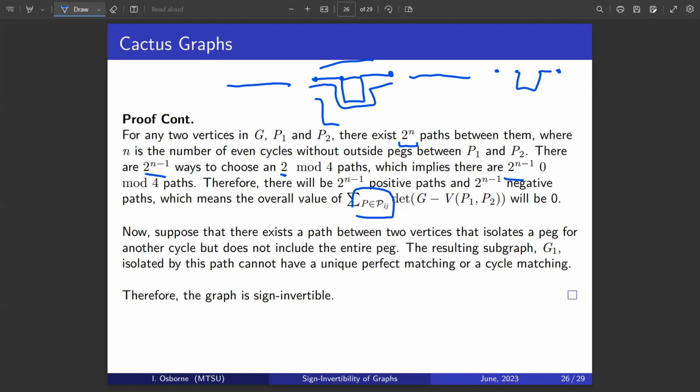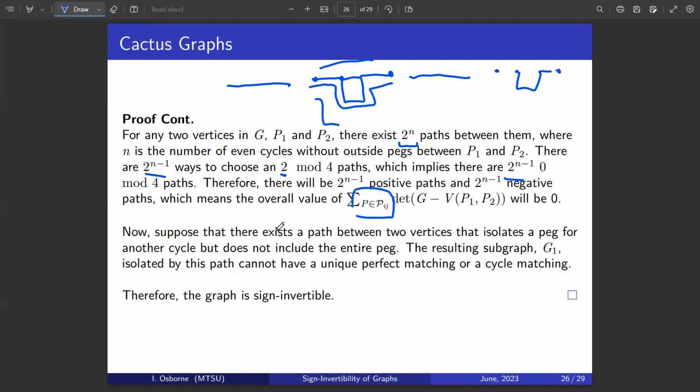And then it can be shown that if you have a cycle with 3 or more pegs, and you go through and isolate one of those pegs, then the graph left up there will also be equal to either 0 or 1. So you don't have to worry about the congruency of the paths inside of your cactus graph.